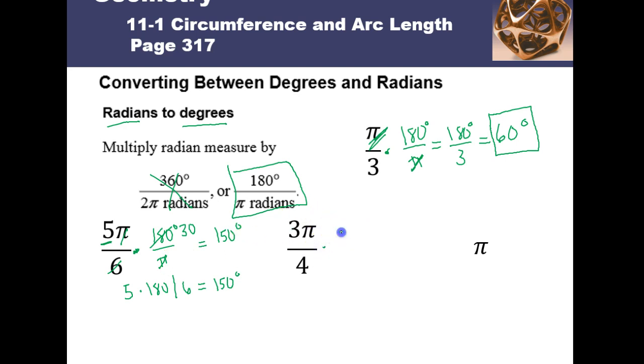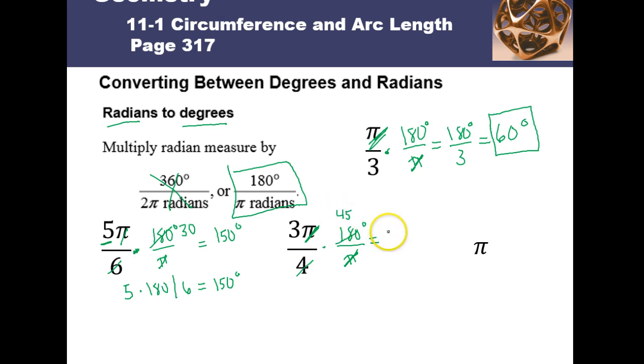So again, we're going to multiply by 180 degrees over pi. The pi's are going to cancel. And I know that 2 goes into 180 90 times, so that means 4 must go into 180 45 times, so that'd be 45.